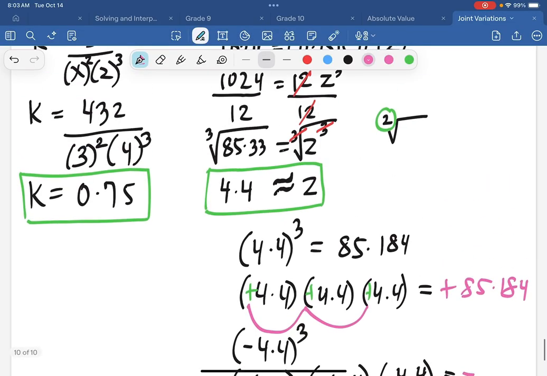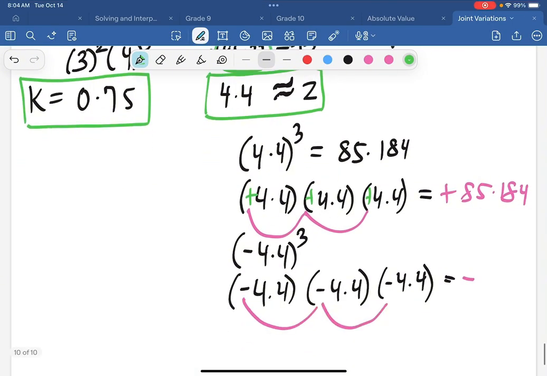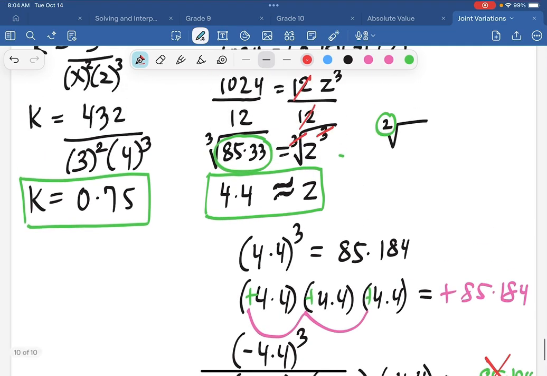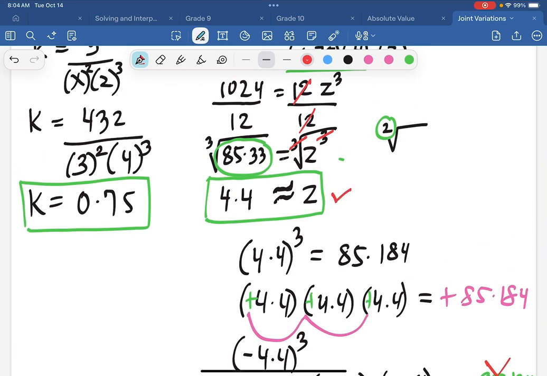But the number that we are looking for here is a positive 85.33. That's why a negative 4.4 wouldn't satisfy the given. So the negative 85.184 is not applicable, and that's why we only use this one.